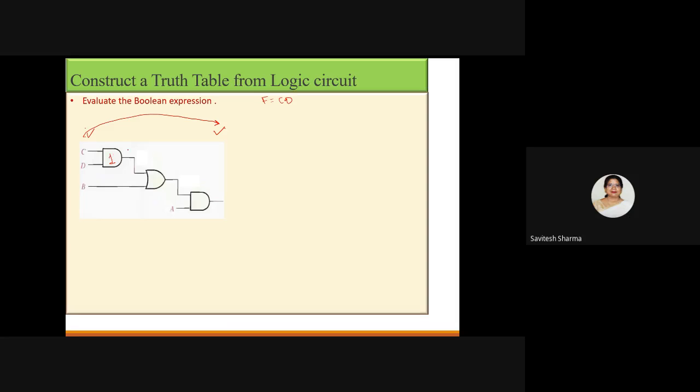This is an AND gate, so I will write CD.